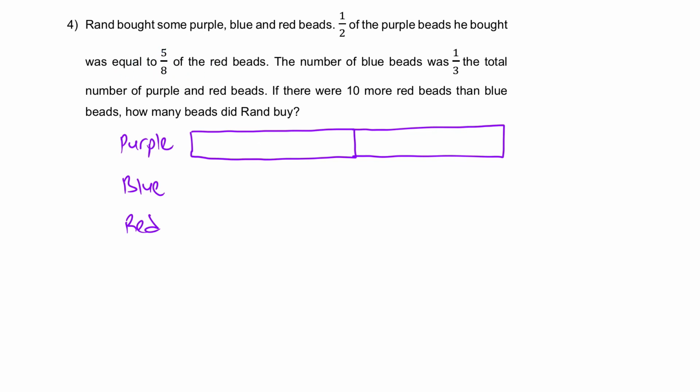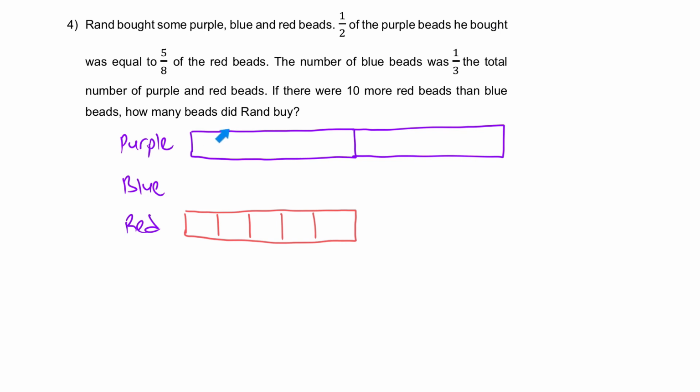So the red beads, it's this. So this is equal to 5 of this. So we're going to break it up to 5. So 1, 2, 3, 4, 5. 5 out of the 8.